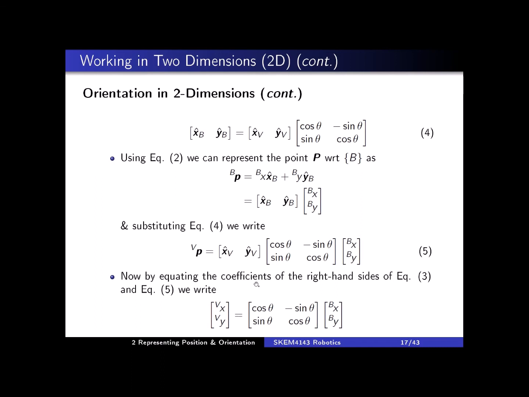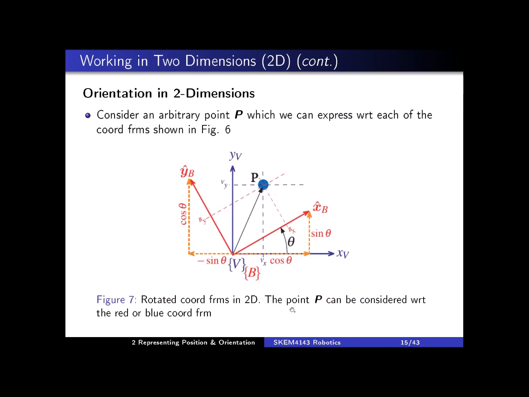So what we have done here basically is that we have transformed a point from the B coordinate frame to coordinate frame V. So xb to xv, right? Go back to the figure.